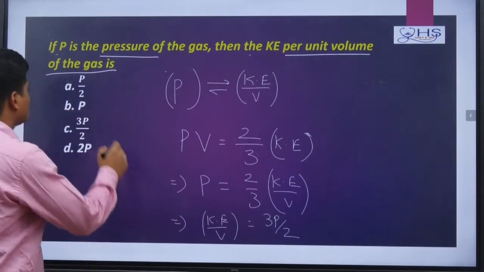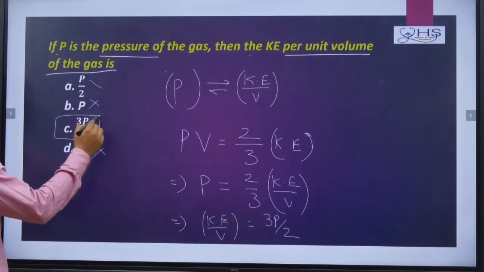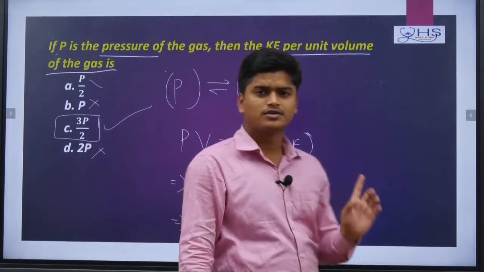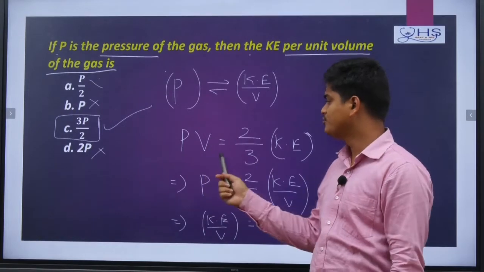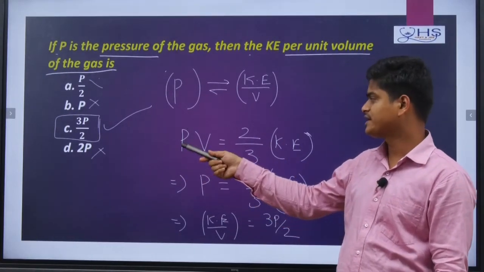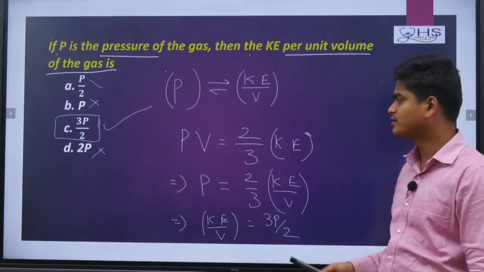Checking the options, P by 2 and 2P cannot be the answer, so the answer is 3P by 2. Remember this formula: pressure into volume is 2 by 3 KE, or sometimes we write RT for 1 mole of gas, RT equals 2 by 3 KE, or KE equals 3 by 2 RT.